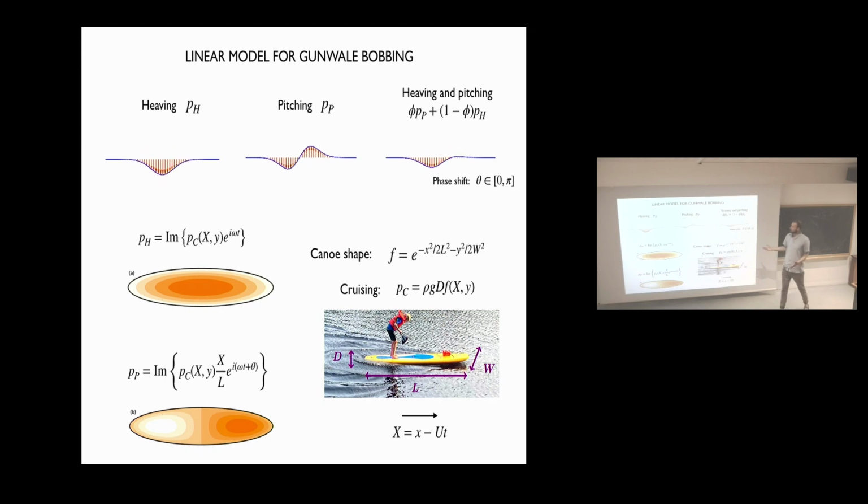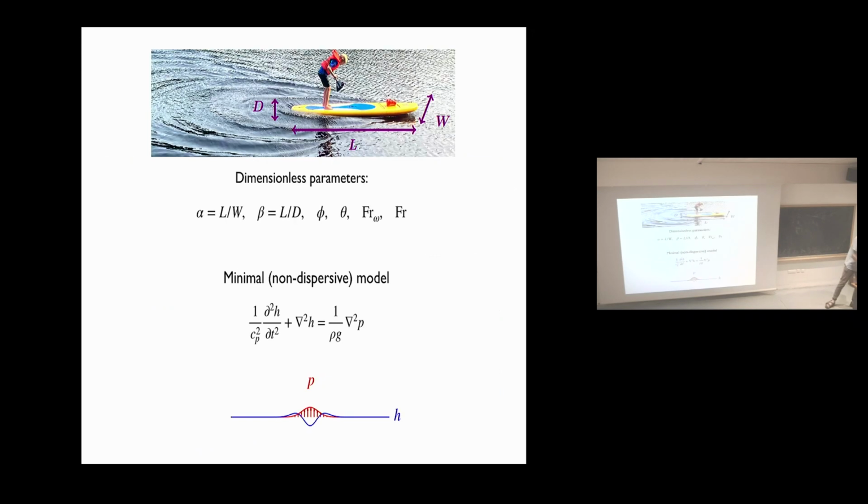This is kind of a proof of concept: if you take these pressure disturbances, can we push ourselves forwards? The simplest model you can write down, which is a non-dispersive model, we thought would be the wave equation. So what happens if you take the wave equation and you apply a pressure disturbance as a forcing term? Can you push yourself forwards with that pressure disturbance?